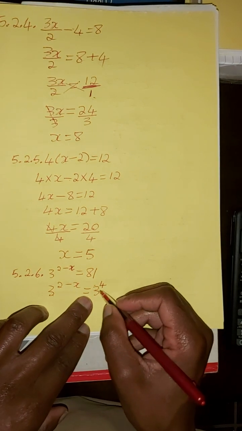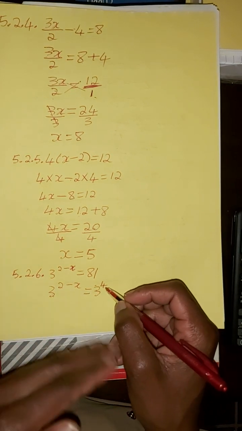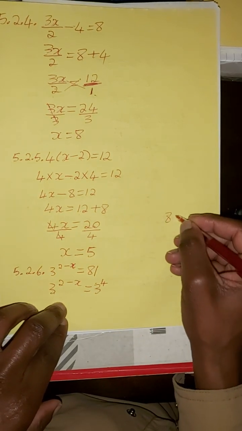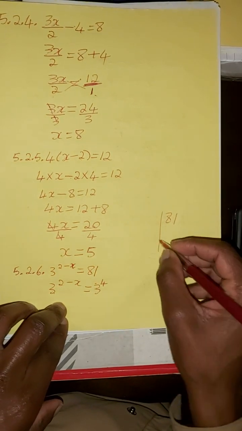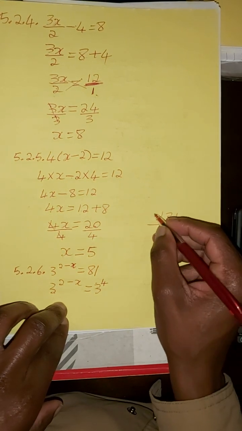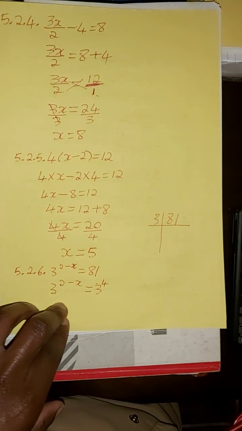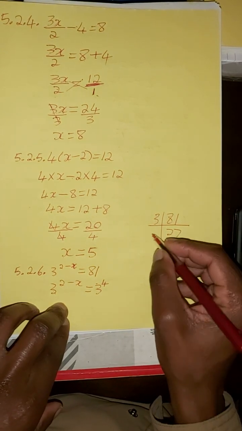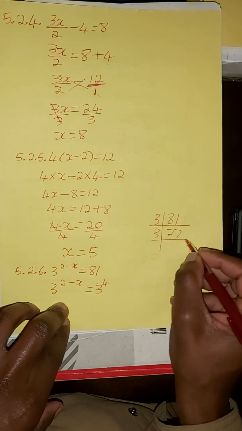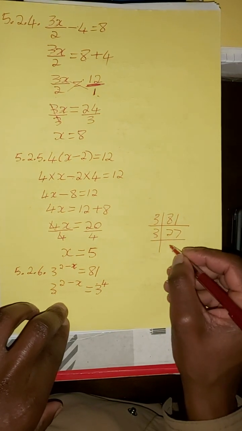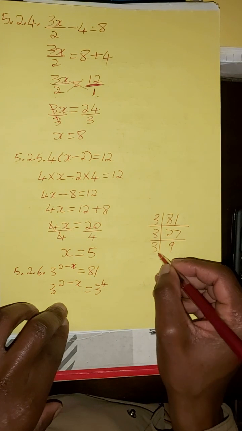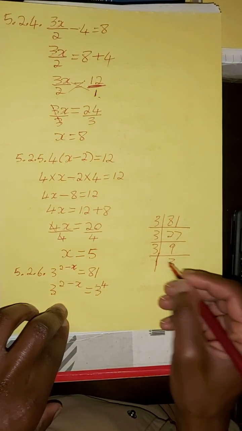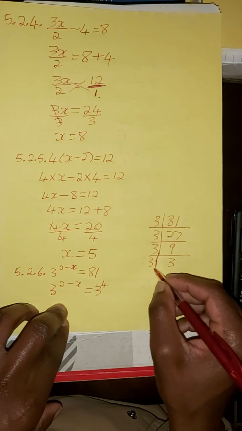When you use prime factorization on this number, you simply divide it by 3 and so forth. You're taking 81, prime factorization, I use the ladder method, and then you say 81 divided by 3, get 27. Then you divide 27 by 3, you get 9, divide the 9 by 3, you get 3, and then divide the 3 by 3, you get 1.